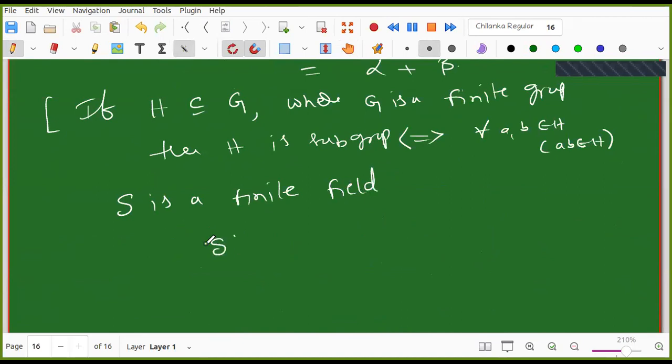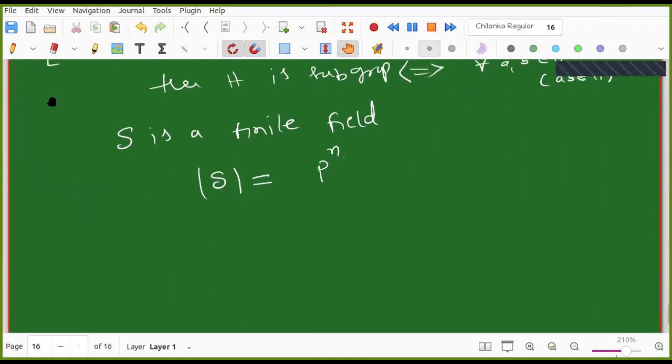How many elements are there? It is P power n, right? How to prove it is P power n? That is by Lagrange theorem.